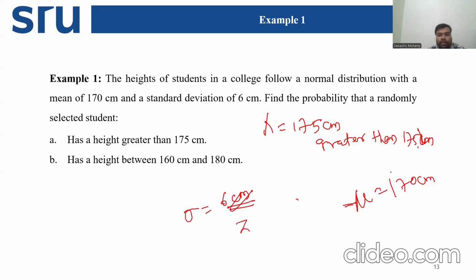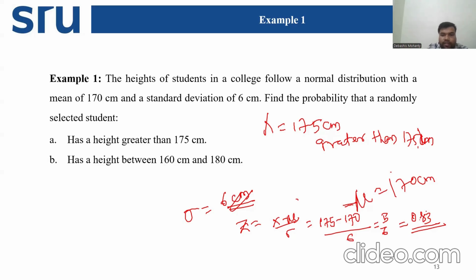Now we need to calculate the Z score, that is Z equals x minus mu divided by sigma. What is the x value? The x value is 175 minus mu, which is 170, divided by the standard deviation, 6. That equals 5 divided by 6, which equals 0.83.